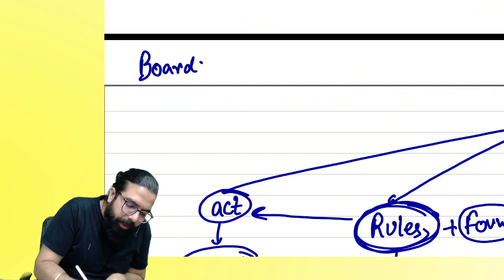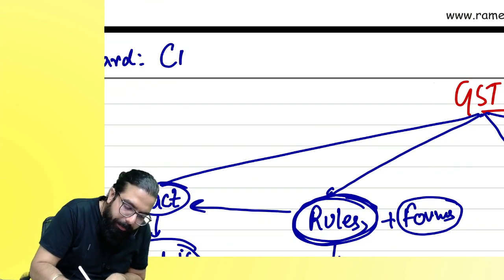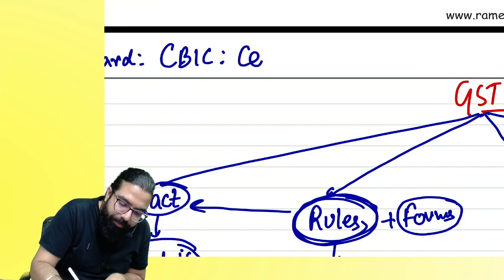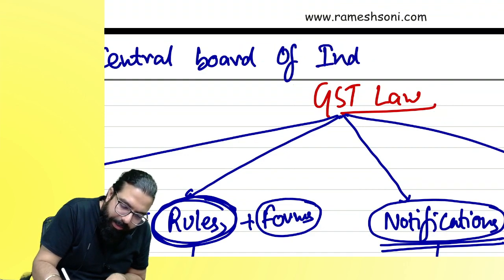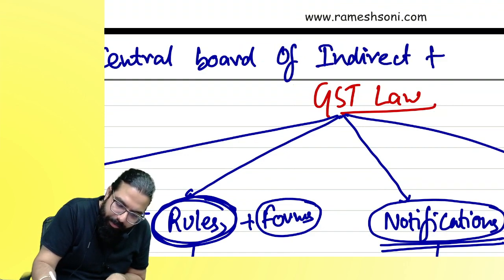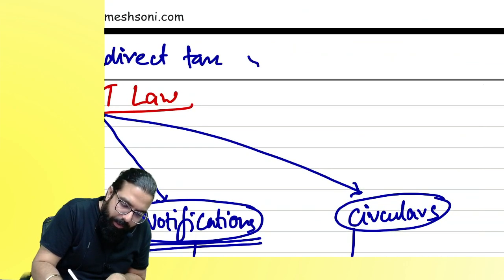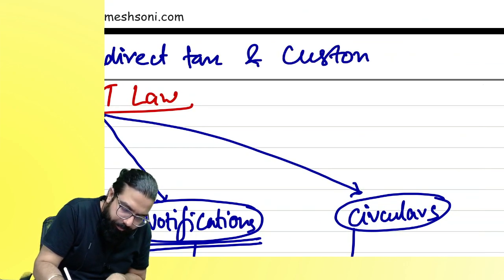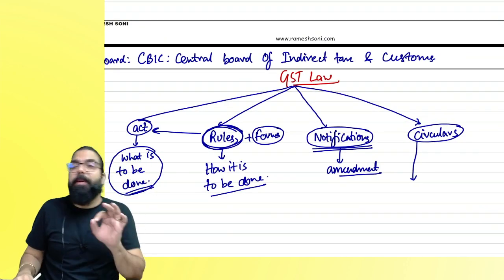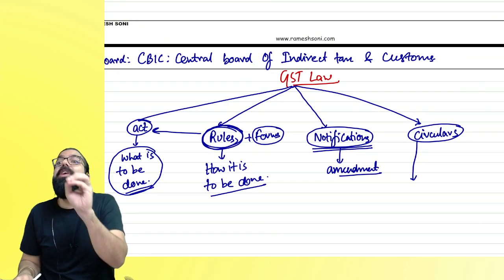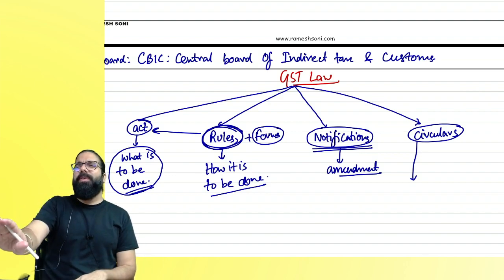Board means Central CBIC. What is CBIC? Central Board of Indirect Tax and Customs. Okay, everyone? CBIC will always go ahead and issue a clarification saying, okay officer, wait.